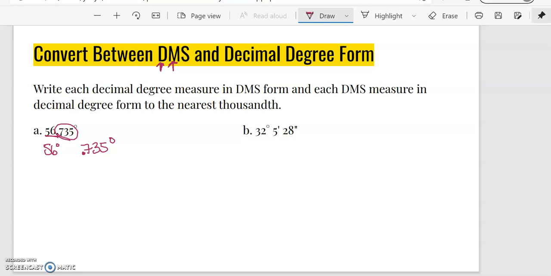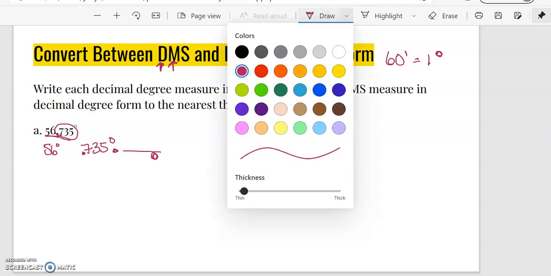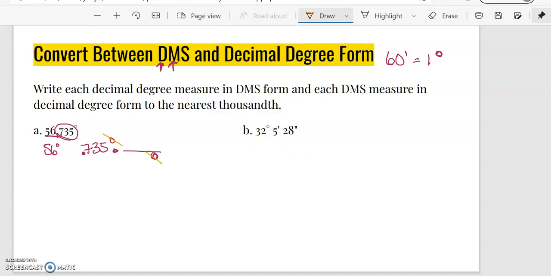In order to get rid of degrees, I'm going to use my conversion, which I know is 60 minutes is equal to 1 degree. So I'm going to use this conversion to multiply by this decimal. I need to get rid of degrees, so I'm going to put my degree on the bottom, and in that way I'm able to cancel out this unit of degree.